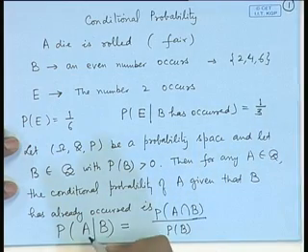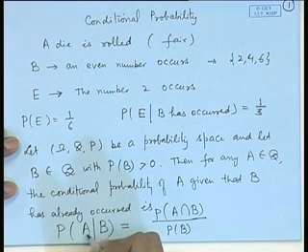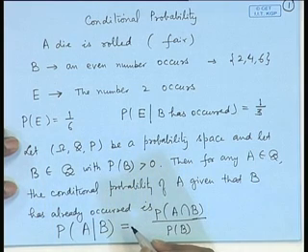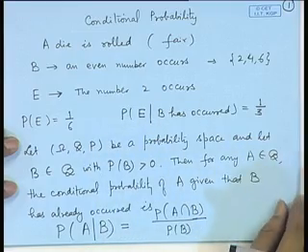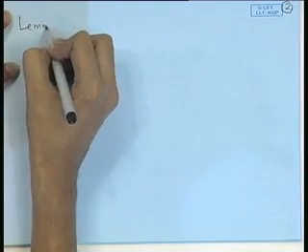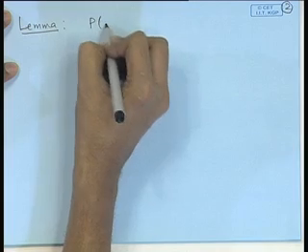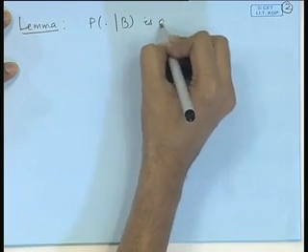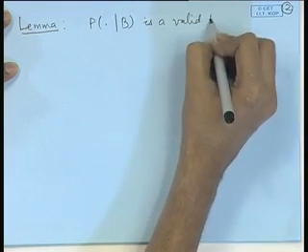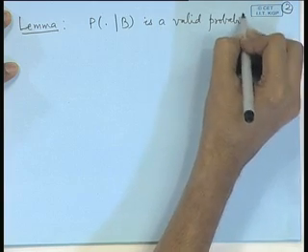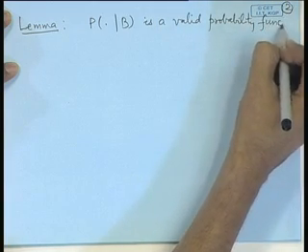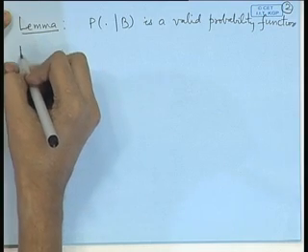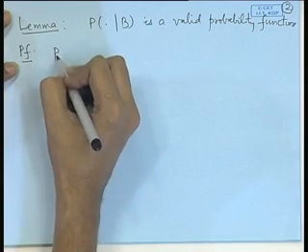Now, given any event B, if we are defining the probability of A, then first of all we should check whether it is a proper probability function satisfying the axioms of probability. Let us check that. We state it as a result that P(· | B) is a valid probability function, meaning it will satisfy the 3 axioms.